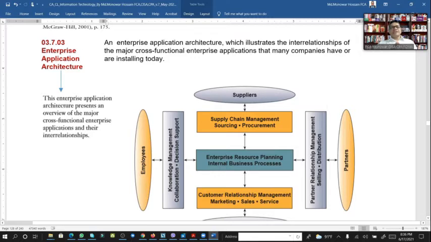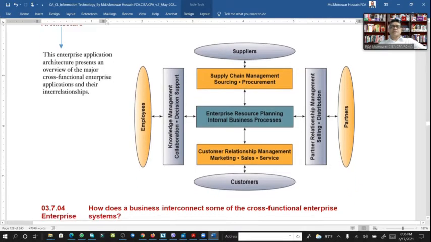Enterprise application architecture. This enterprise application architecture shows the overall major cross-functional enterprise applications and their interrelationship. So if we see in this picture, on the four sides are the suppliers, customers, partners, employees, and stakeholders.